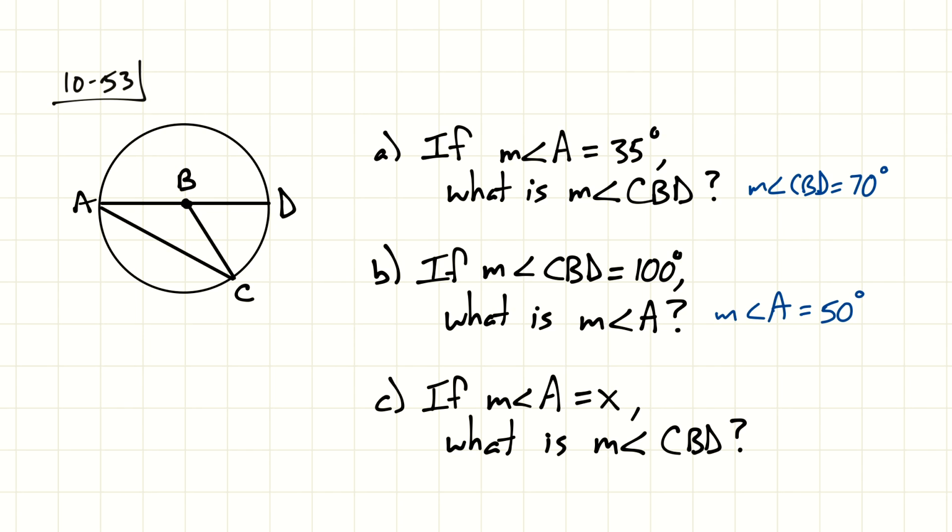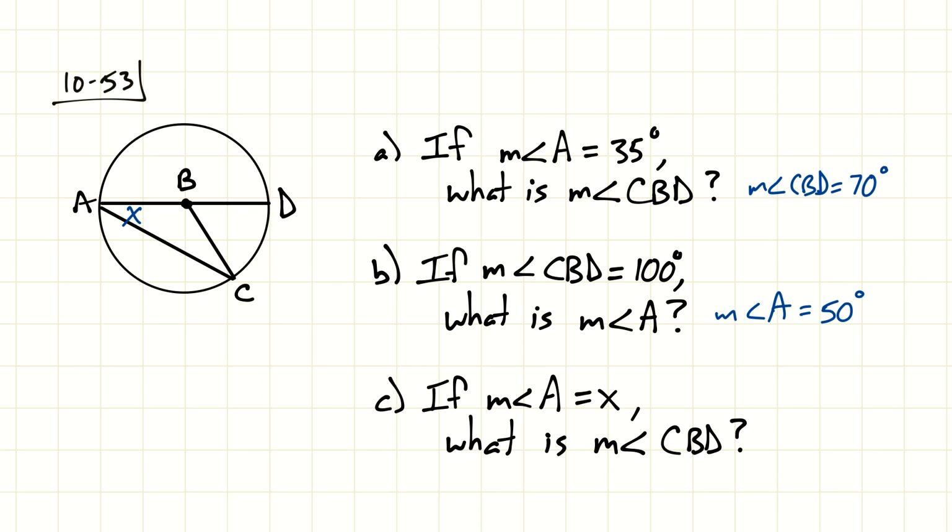For a more general answer, if the measurement of angle A is x, let's say we don't know what it is, what is the measurement of CBD? Well, when angle A was 35, CBD was 70. When angle A was 50, CBD was 100. The pattern seems to be that it's always going to be twice as big.